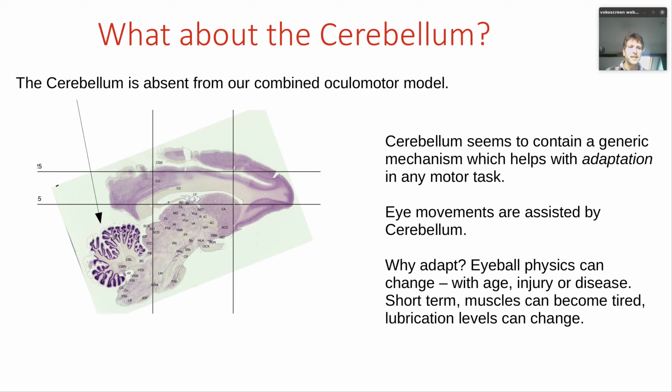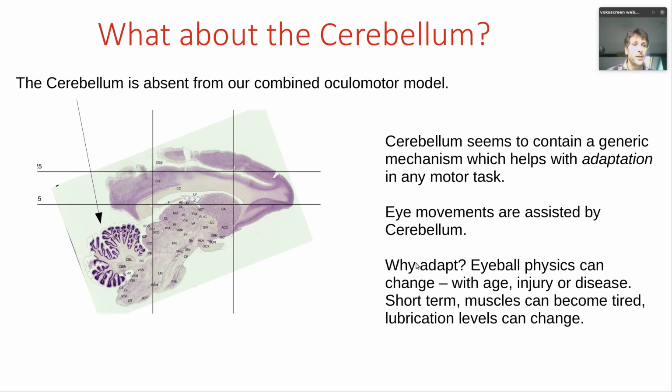The cerebellum seems to contain a sort of generic mechanism for adaptation in motor tasks, and because almost everything you do is a motor task, even speaking, the cerebellum is involved in just about all of the things you do. Eye movements are certainly assisted by the cerebellum, and this adaptation aspect is very important because the eyeball physics can change either with age, injury, or short term.